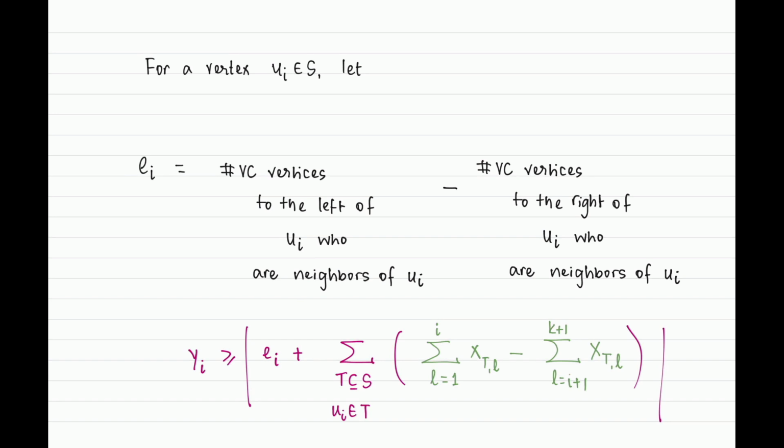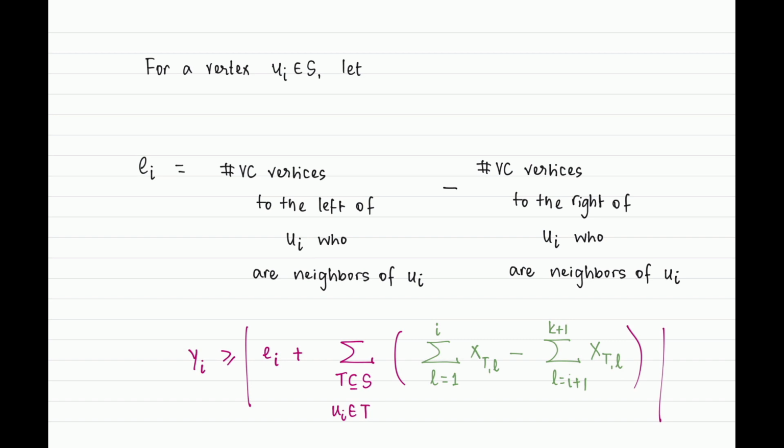If you just focus on the summation here, the outer summation is going over all the equivalence classes T that UI belongs to, and the expression in green represents the number of vertices from E sub T that landed up to the left and right of the vertex UI, and it takes this difference. So EI plus this summation here actually gives us the total imbalance of the vertex UI.